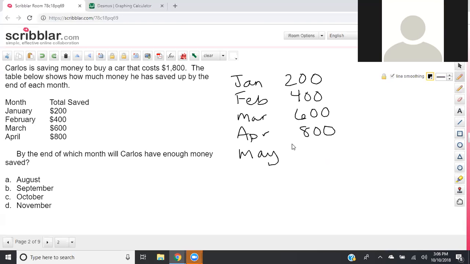So we need to figure out how much he makes the next month in May. So what's going on for this pattern? How much does it take to go from 200 to 400 or 400 to 600? 200 each time. This time it never changes. We add 200 here, 400 plus the 200 gives the 600, 600 plus 200 more gives the 800.